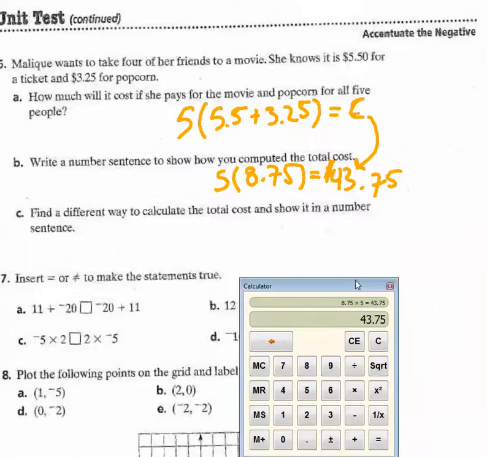Now the next question is really asking us to distribute this 5. So 5.5 times 5 is $27.50. The 5 distributed to the $3.25 is $16.25, and you add that with your original $27.50, and look at that, you get the same answer.